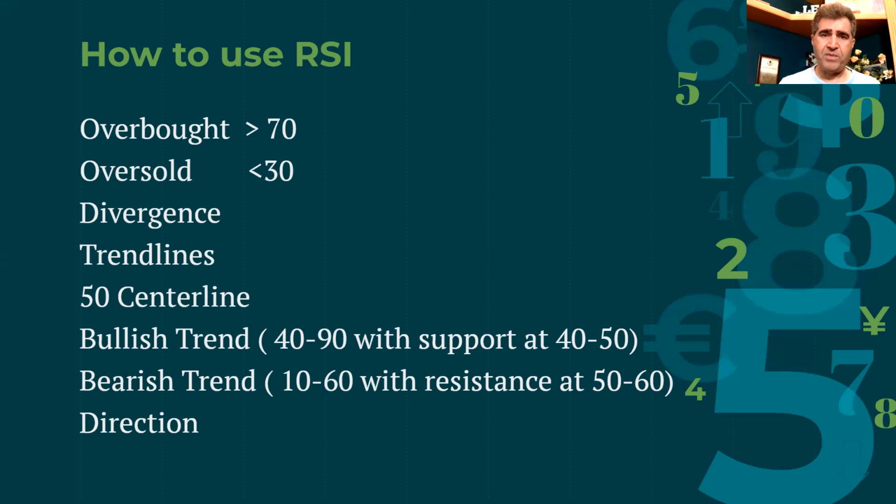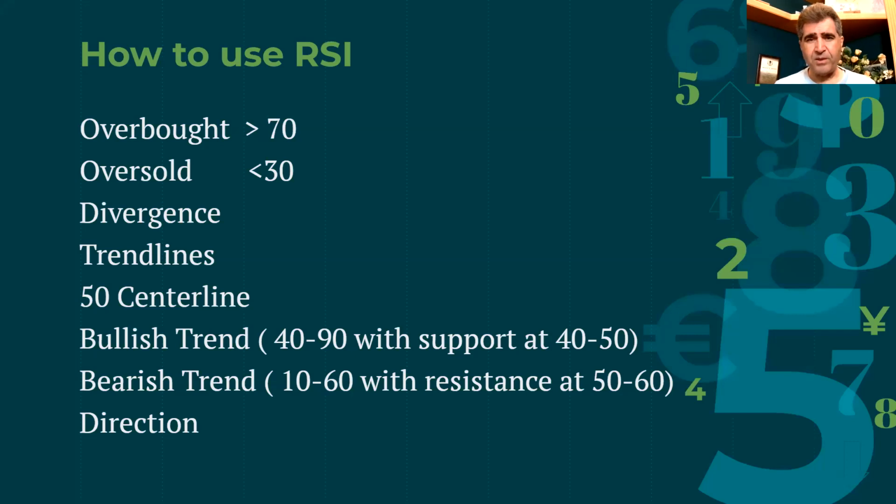By itself it doesn't mean anything, because the center line means there was no movement, but it becomes important as a reference. When stocks are in a bullish trend and there's strength, they generally range between 40 and 90. That shows the strength. With the trend line, when they have support at the 40 to 50 line, if it comes back to 40 and bounces, that means there's still strength in this trend.